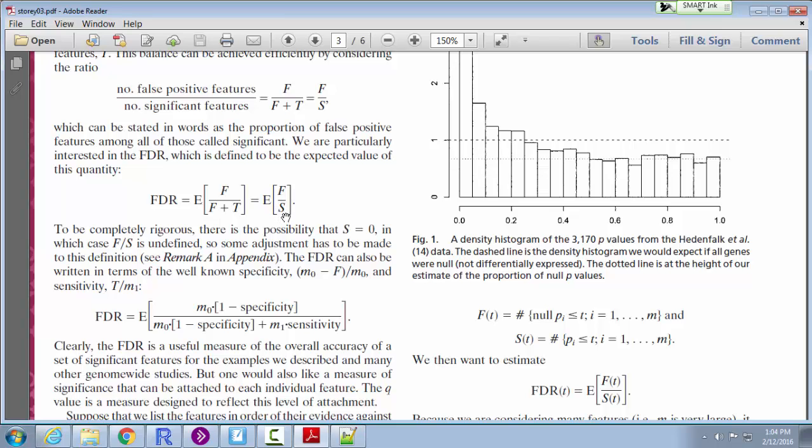You did your 2 sample t-tests, got your p-values, and suppose we pick out 100, the top 100 features. Then I want to estimate the FDR corresponding to that. Here's 100 features. The estimated FDR, let's put a hat on this, is equal to an estimate of this. S is known, F is not known, so I need to estimate F in order to estimate the FDR.